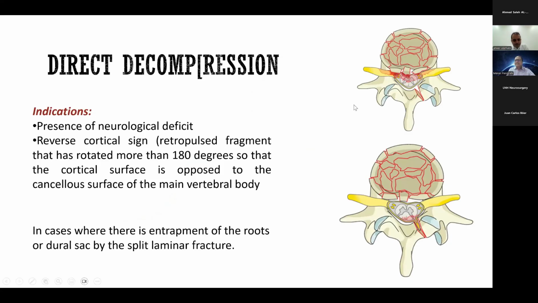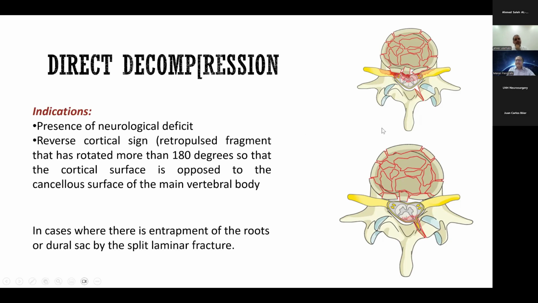So direct decompression is done whenever there is a neurological deficit, and whenever, as you can see here, the lamina is fractured, and sometimes the root and the dura can be entrapped. In these cases, the lamina is removed and the dura has to be repaired.